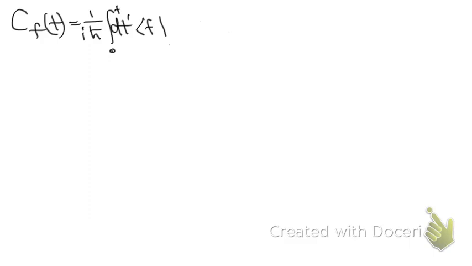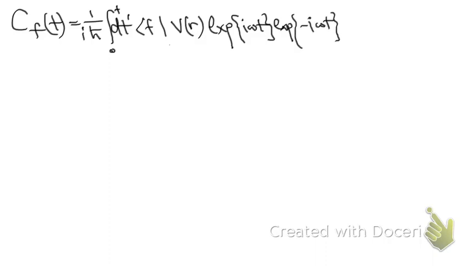The value of H1 as a function of time is then my space part V of r. I'm not going to write the vector symbol on r anymore, so I hope it's understood that it's a vector position. And I have my exponentials, exponential i omega t plus exponential negative i omega t, and this is the Hamiltonian, right?